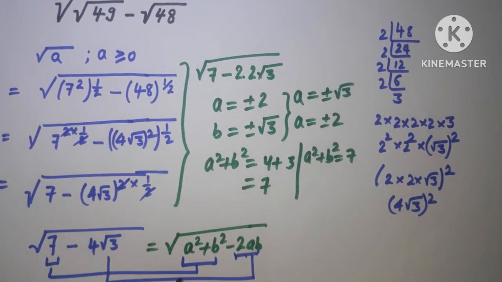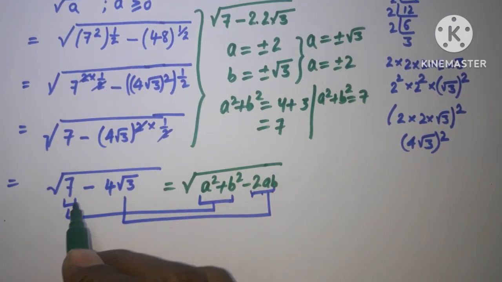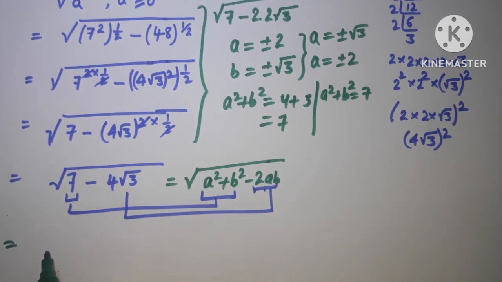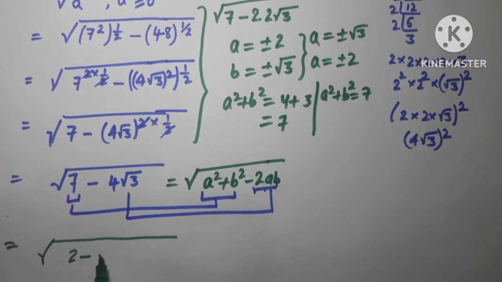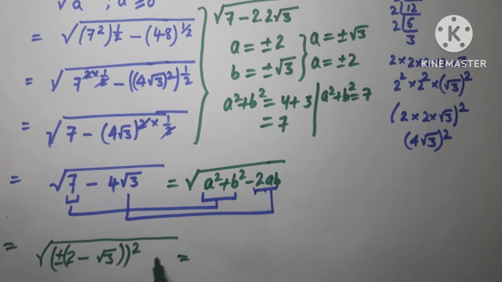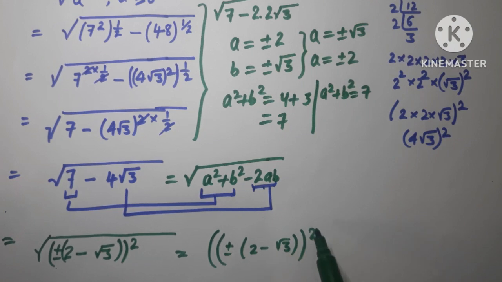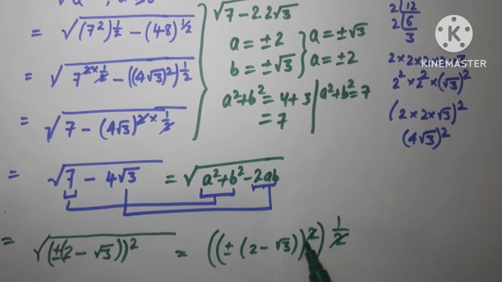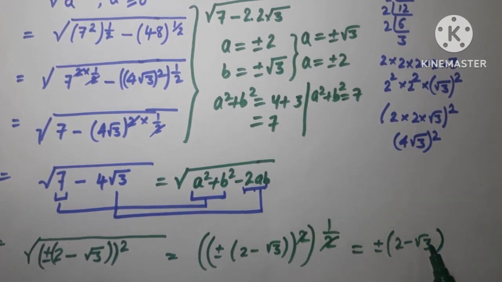So this one can be solved in this way: root under, we have 2 minus root 3, and here it can be positive or negative, and then we have a square, so we can remove this square in this way, positive or negative 2 minus root under 3, and then we have a square, and this root is 1 upon 2, it is going to cancel, and we have positive or negative 2 minus root under 3.